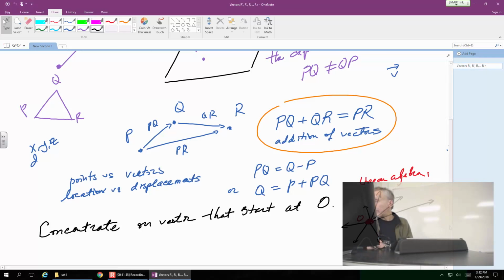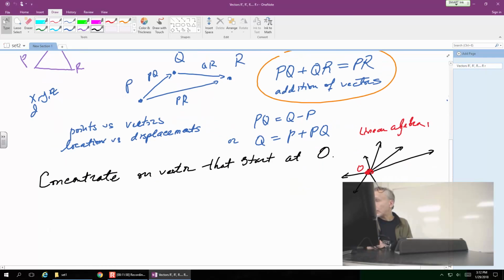Let me show you the relation between the addition that we saw over there and this. If I want to add two vectors, what do I do? I just move one and put its end at the beginning of the second.